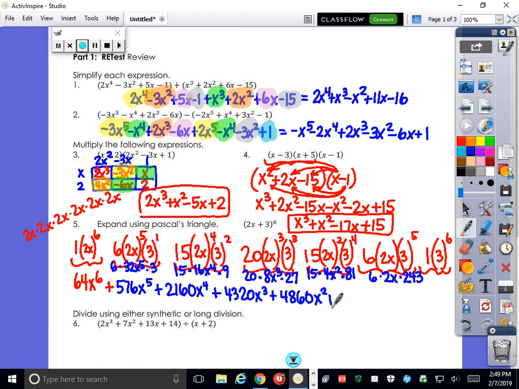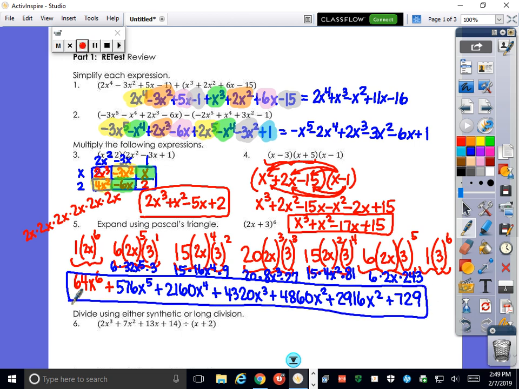And then when you multiply all of that together, you end up getting 2,916x. And then when you do 3 to the 6th, you end up getting 729.